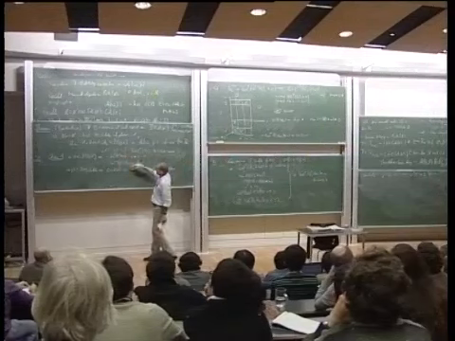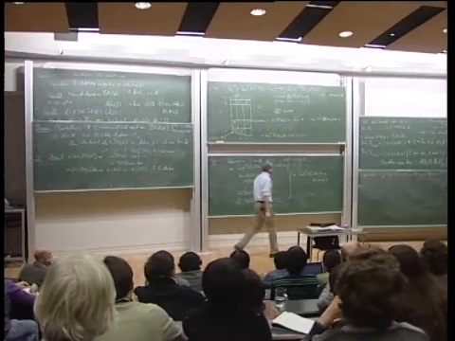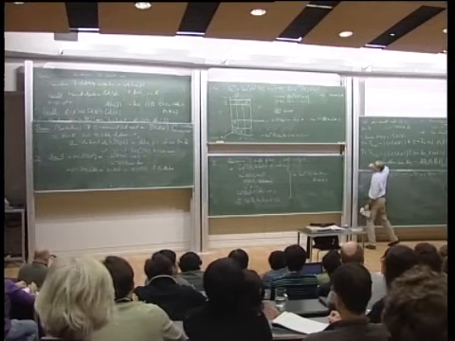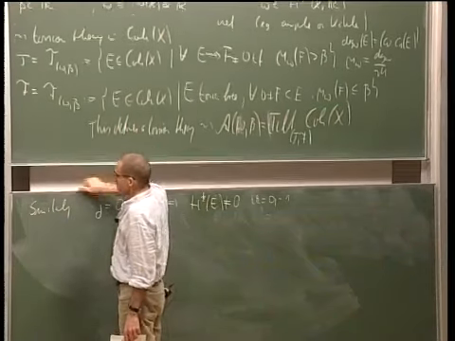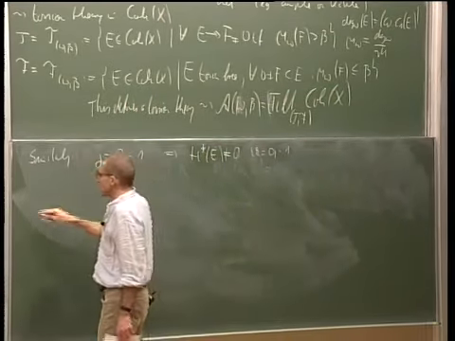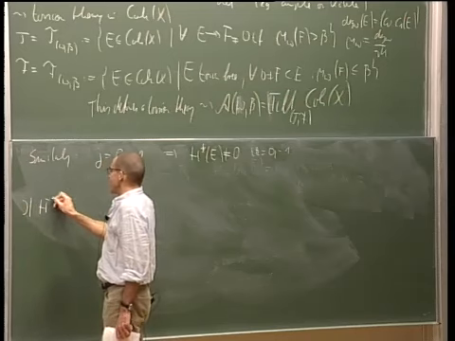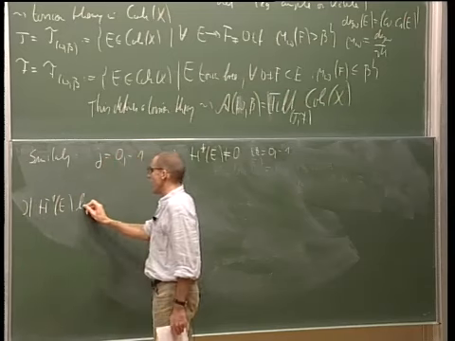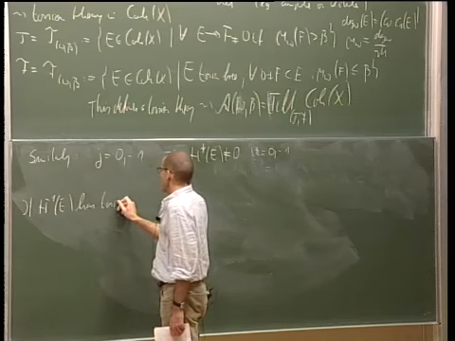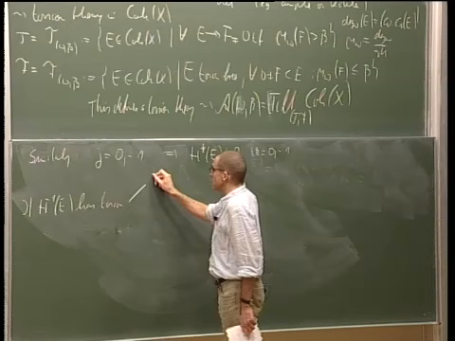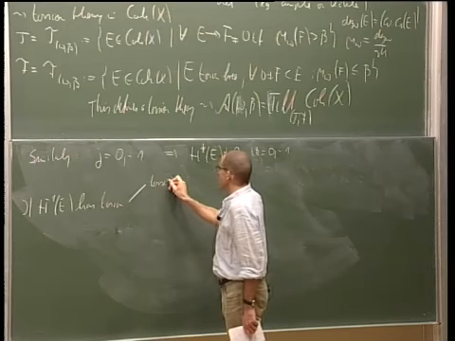Let's see what we can say about this H minus 1. Why is H minus 1 torsion free? This also comes out of the spectral sequence. So if H minus 1 has torsion, the torsion can live in dimension 0.